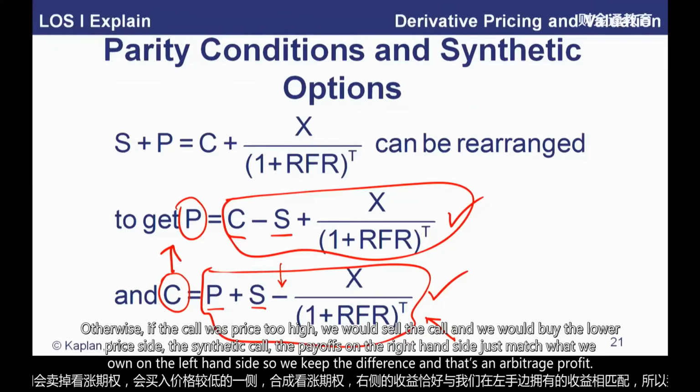The payoffs on the right-hand side just match what we owe on the left-hand side, so we keep the difference, and that's an arbitrage profit.